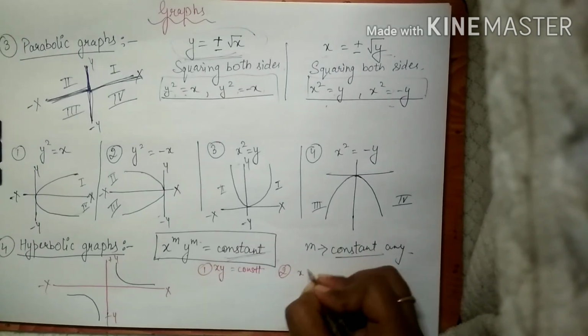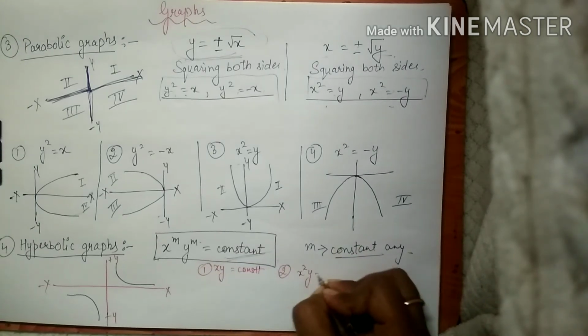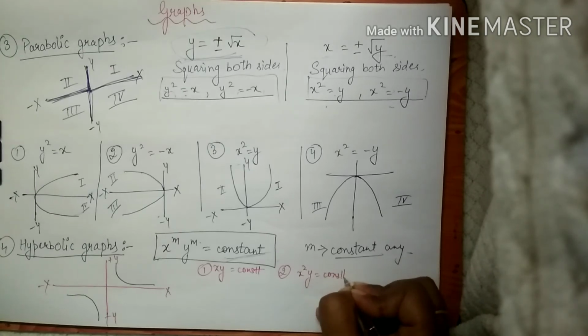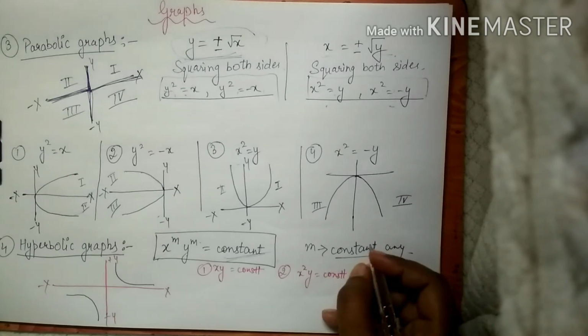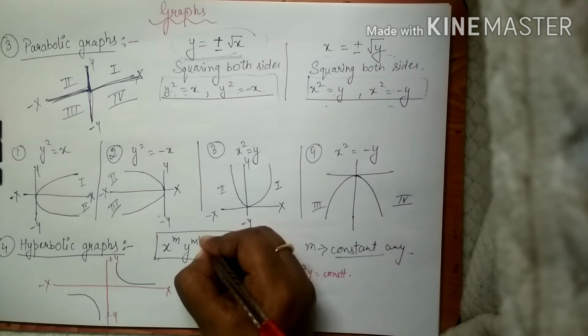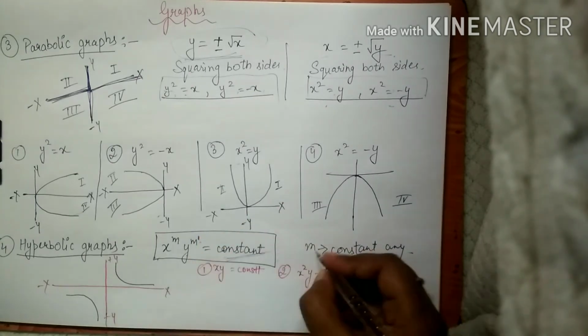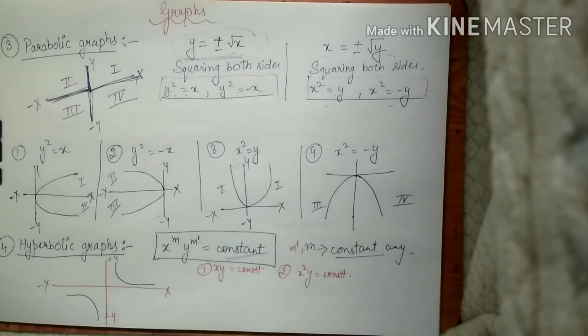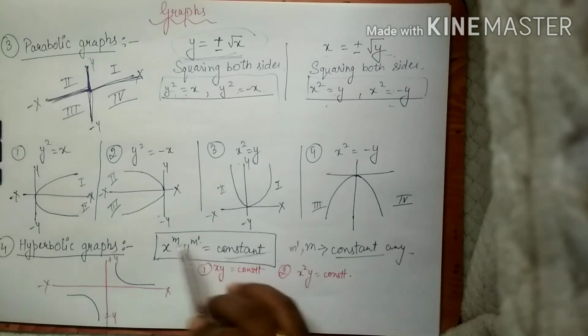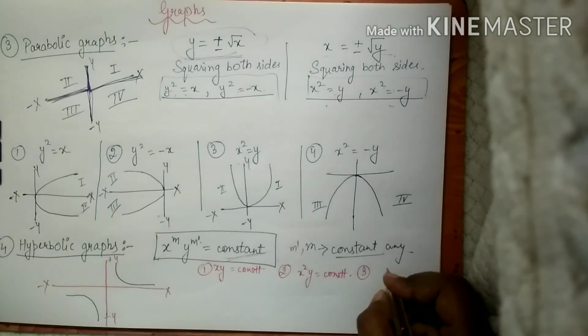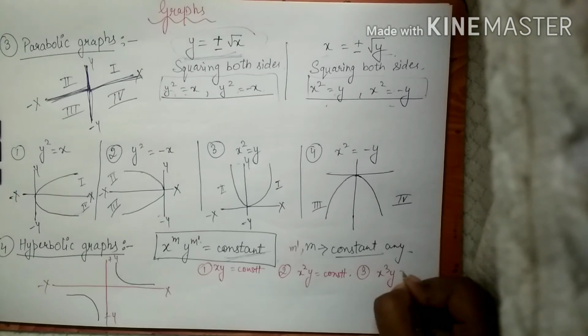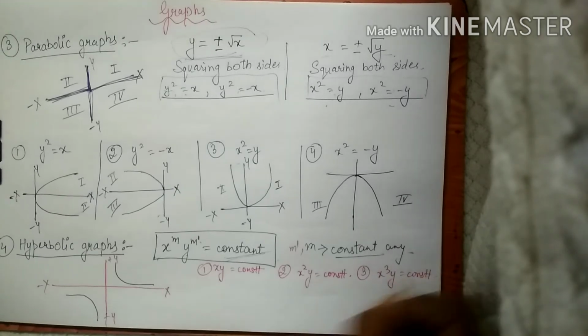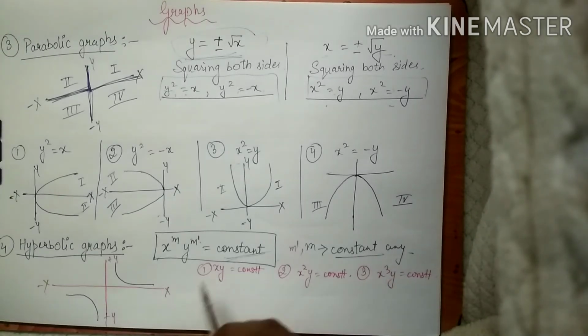Second equation is x square y is equals to constant. You can call it m dash. It is different, right? Your m dash and m could be any constants. They could be different also. Third is x cube y is equals to constant. Now what will be the difference between the graphs of these 3 equations?